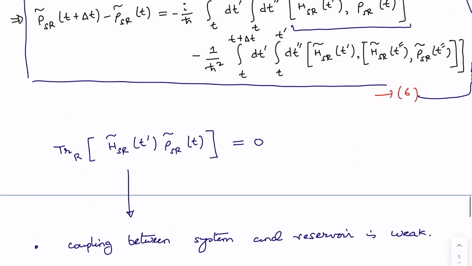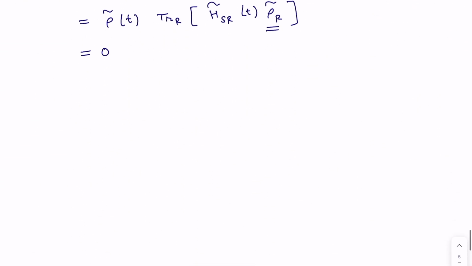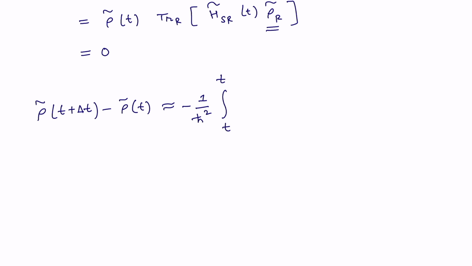Now because of this assumption, after tracing out the reservoir, from equation number 6 I can write rho tilde at t plus delta t minus rho tilde at time t, which is the density matrix for the system, equal to, on the right hand side, 1 by h bar square, integration from time t to t plus delta t dt dash, integration from time t to t dash dt double dash.